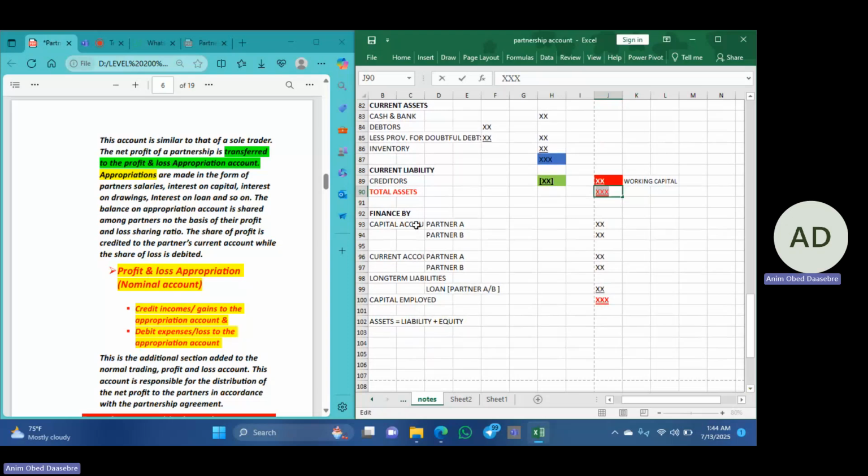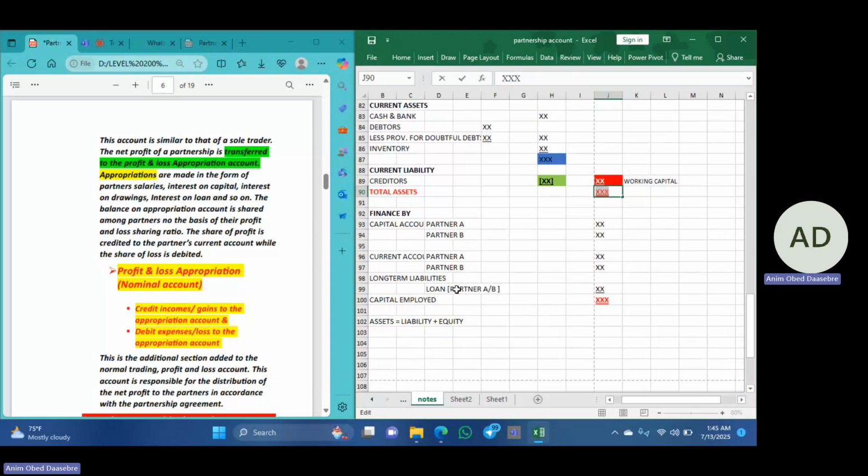So under the financing side, these are the things that you are going to usually record: capital accounts, partner A, B, current accounts, partner A and B, and the long-term liability, the loan. The loan amount that will be provided to you in the trial balance, you take it here.